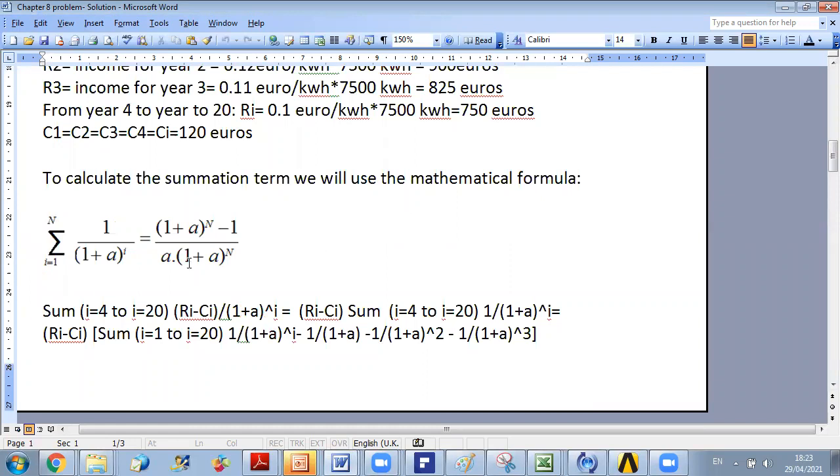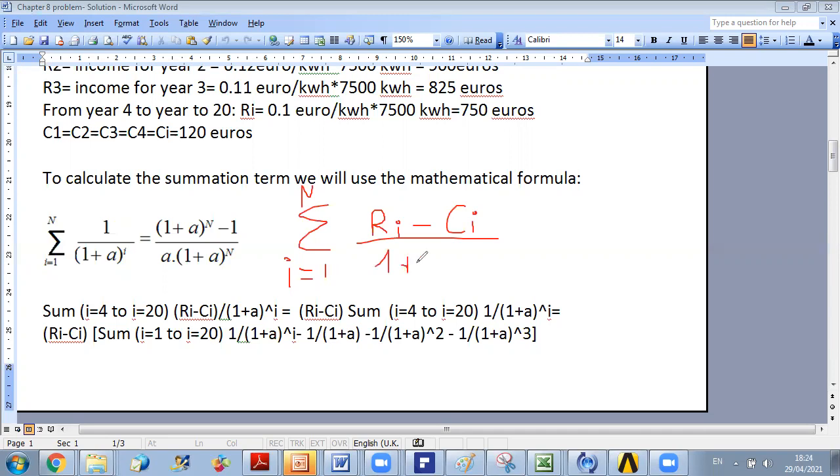But look, in this formula, when you want to compute the summation from year 1 to year n of R_i minus C_i over (1 plus a) to the power i, you should pay attention to the condition if you want to use the mathematical formula.